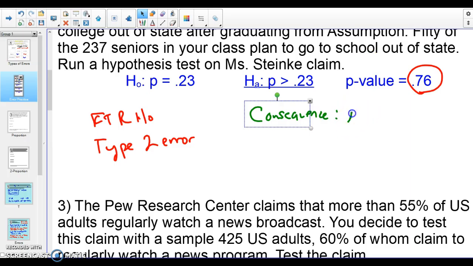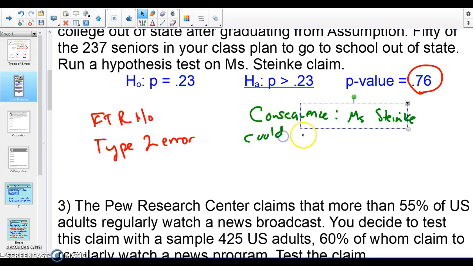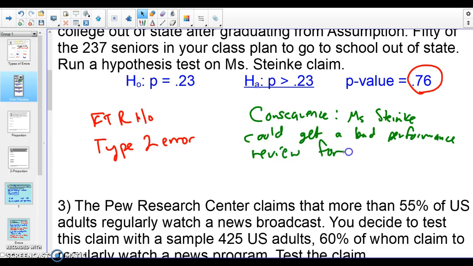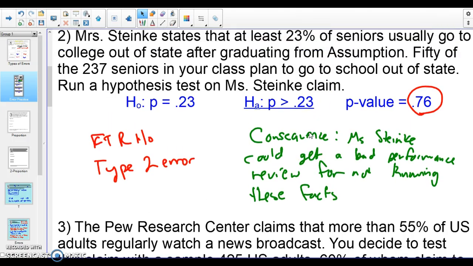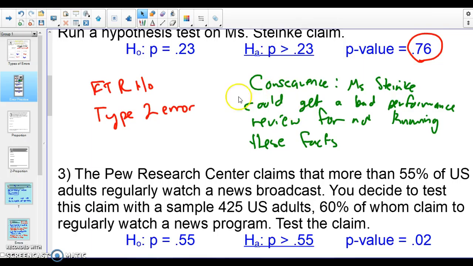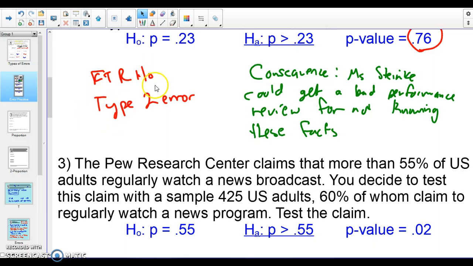The Steinke could get a bad performance review for not knowing these facts, since that is her job in guidance, is to kind of know and direct students to the things that they need. It could show badly on a Steinke unnecessarily. Okay, so she was actually correct, but we disagreed with her, possible consequence.